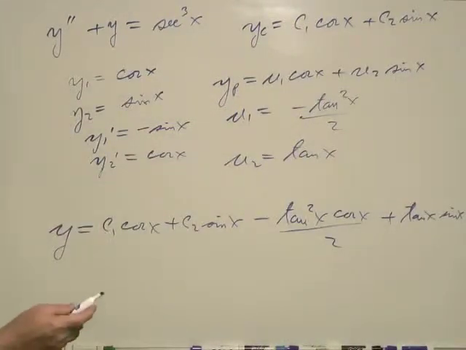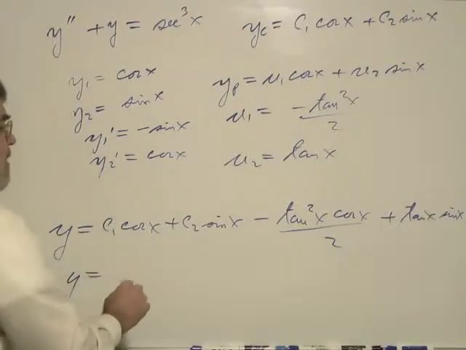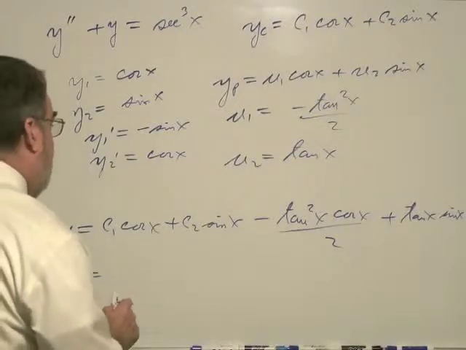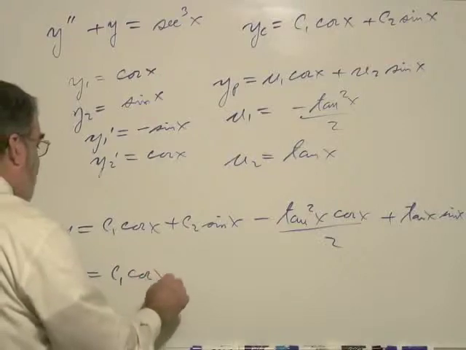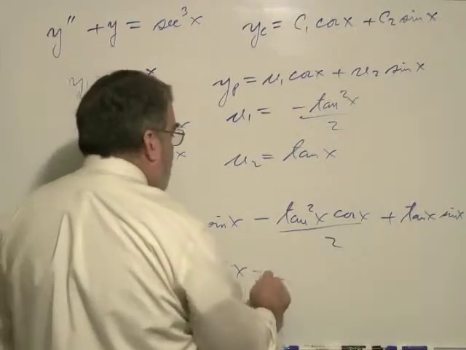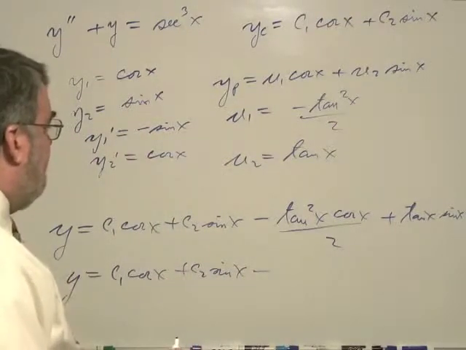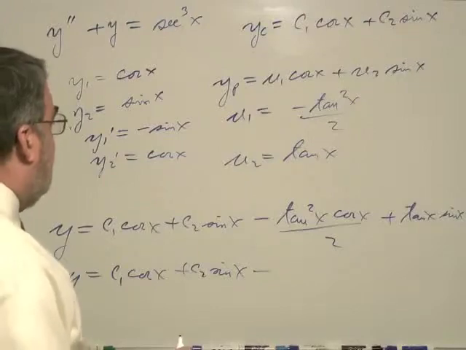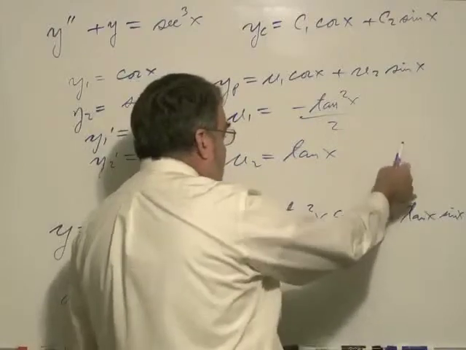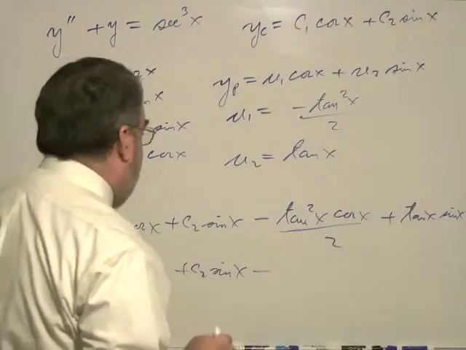And perhaps we can simplify this a little bit. Well, what would that be? That would be c1 cosine x plus c2 sine x, and then minus cosine times a tangent. We'll cancel one of the denominators. You know, tangent is sine over cosine, so cosine cancels there with one of the tangents.